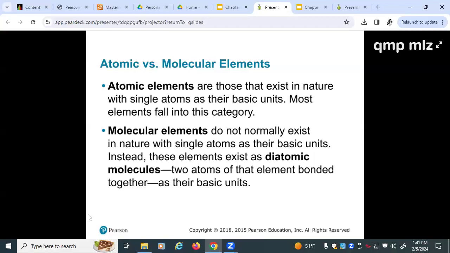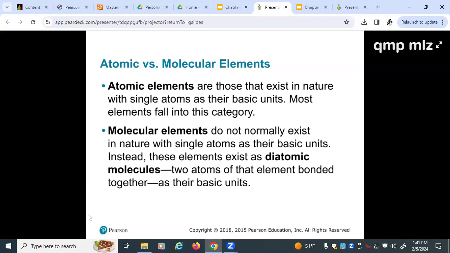Molecular elements, on the other hand, some of them do exist quite commonly. When they do, there's usually a reason behind it. I made mention of what are called diatomic elements in the past couple of lectures. In particular, I talked about the halogens existing in this kind of way.